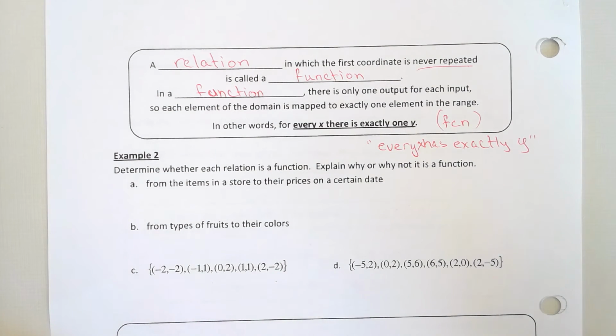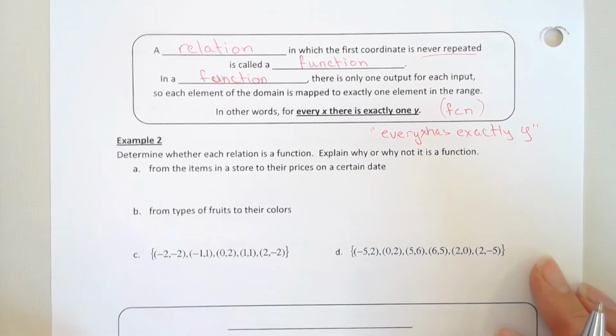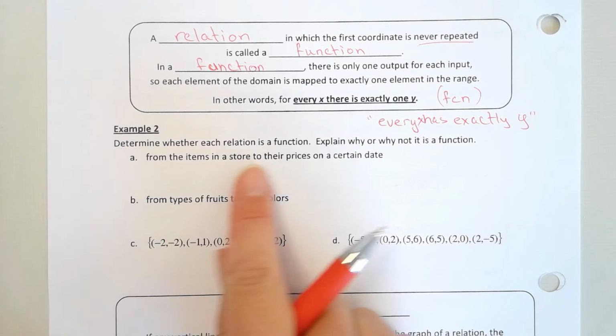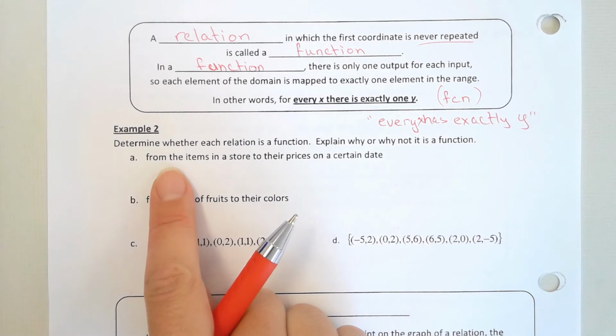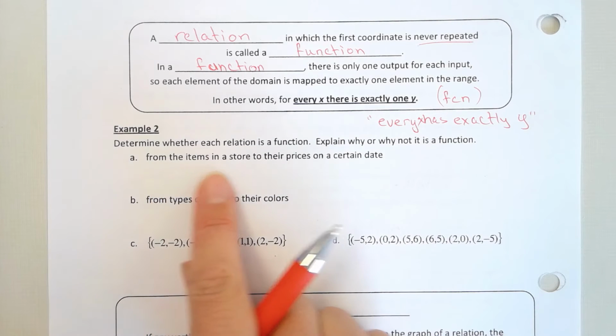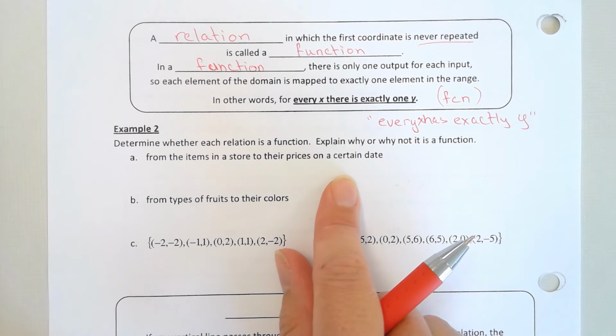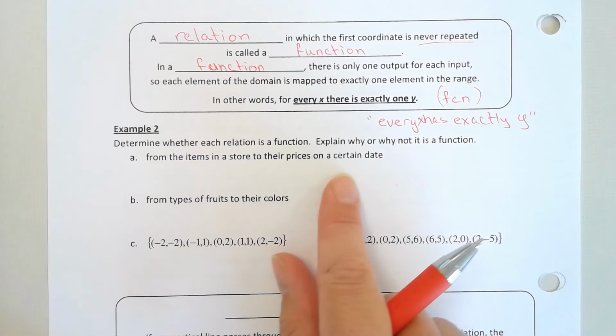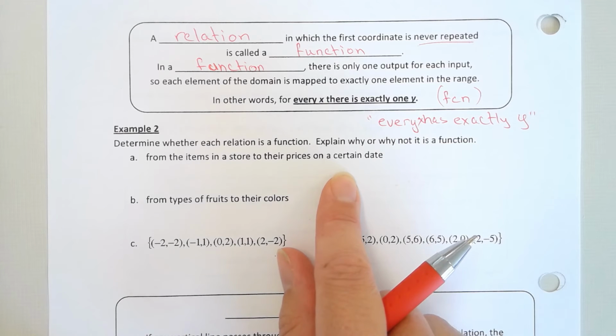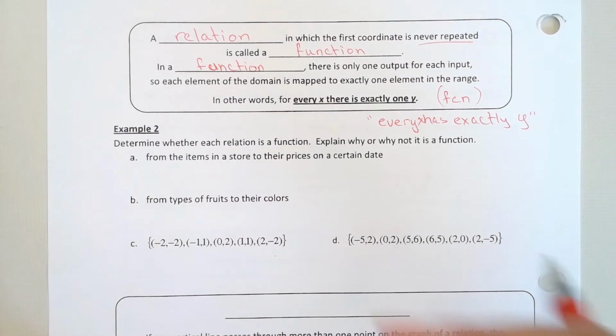Okay, so we want to look and see if every x has exactly one y. So we start off with some general ideas here. We want to tell if it's a function and why or why not. So we're talking about items in a store to the prices on a certain date. The items in a store should have the same price on a date. If I go in to buy a 20-ounce soda, that same 20-ounce soda should be the same cost.